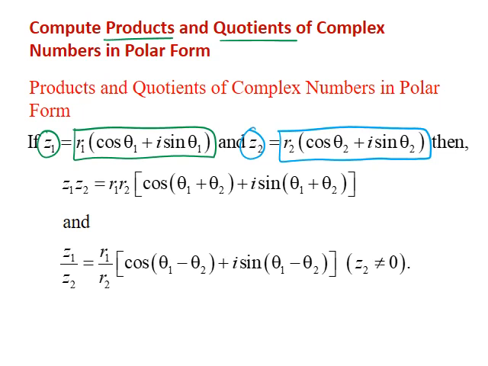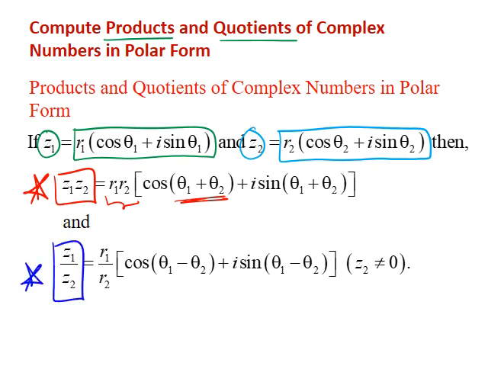If I want to find the product, if I want to multiply those, I will use this formula. I'll multiply the r's, add the thetas. On the other hand, if I want to find the quotient, or if I want to divide these complex numbers that are written in polar form, I will divide the r's and subtract the thetas.